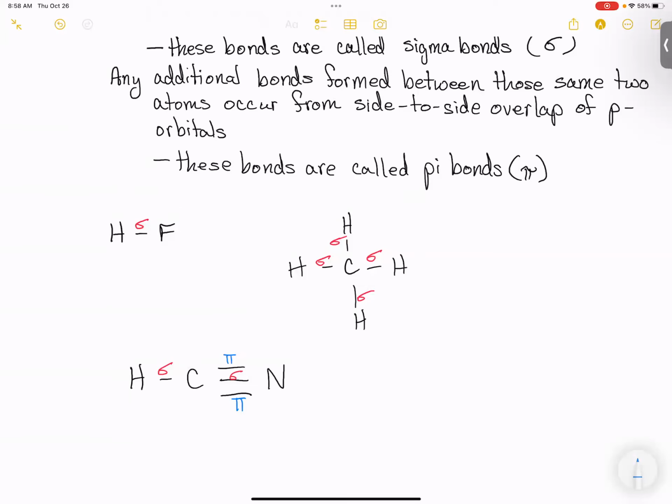So methane has 4 C single bond H sigma bonds.